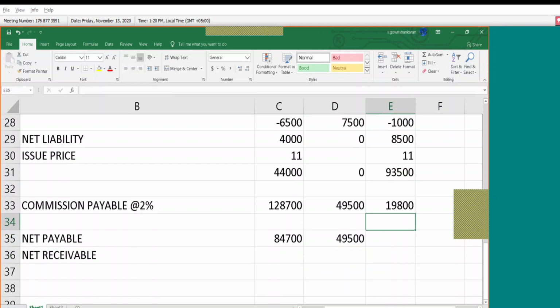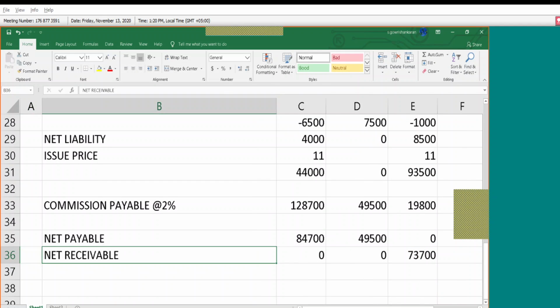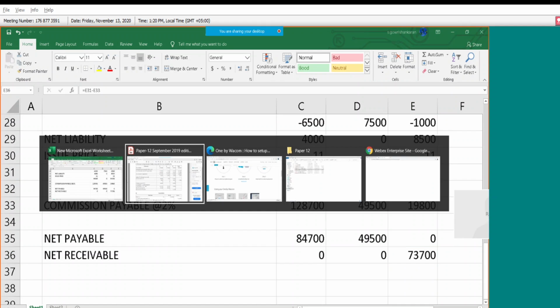Here, he has to pay 93,500 but the commission is only 19,800, so it is receivable to the company. The company has to pay only 19,800, so 93,500 minus 19,800 is 73,700 to be received from that party. Okay?